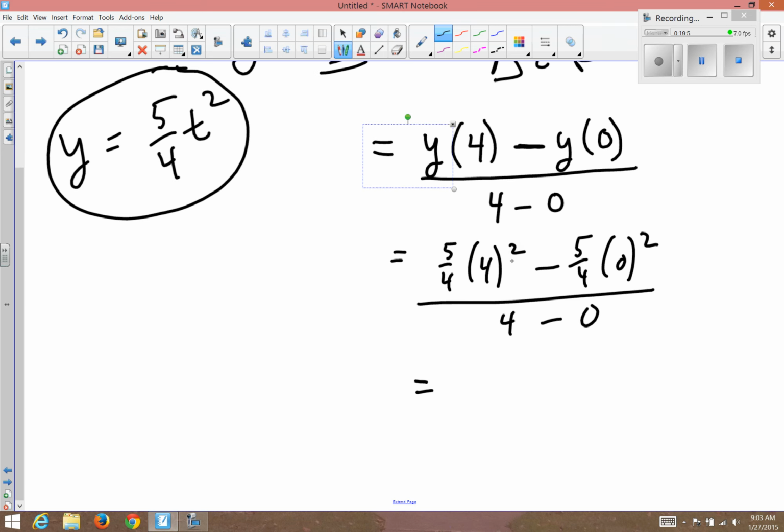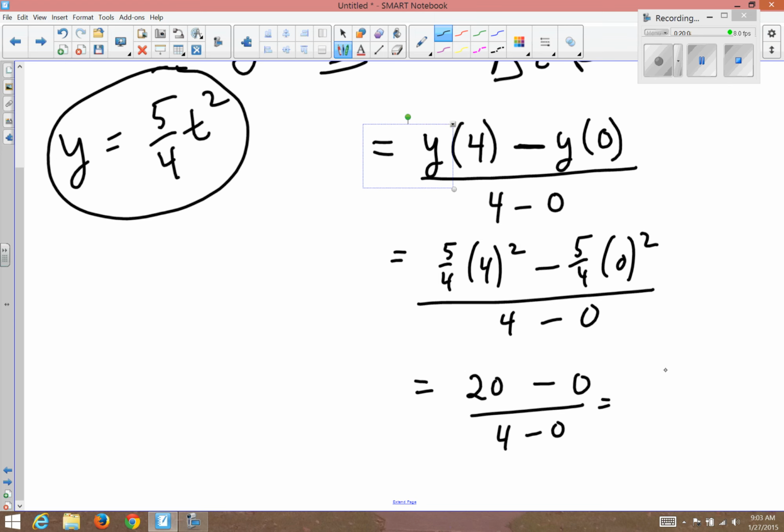That's 16 times 5/4, which is 20. That's 0 times 5/4, which is 0. So the 20 minus 0 is meters, 20 meters.